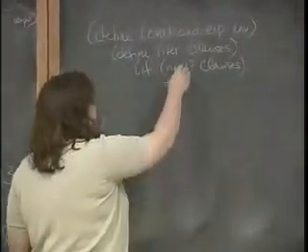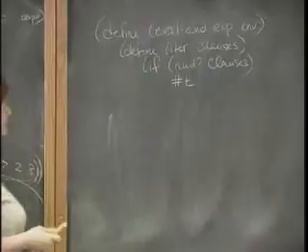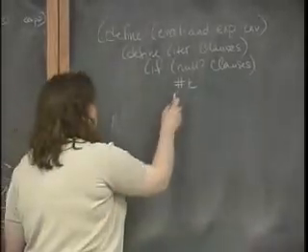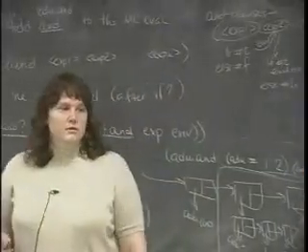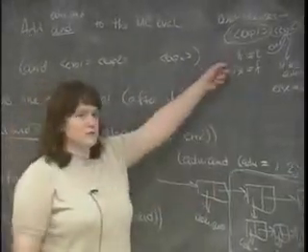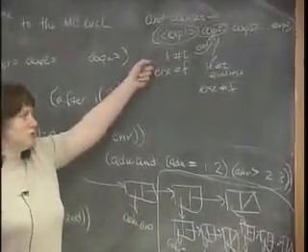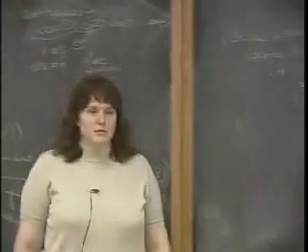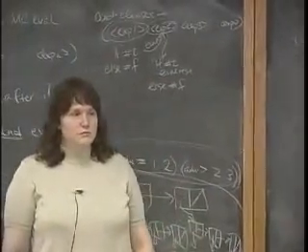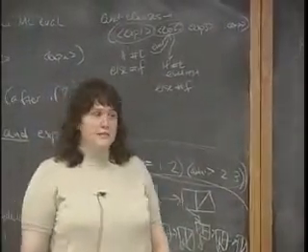Okay, so if we don't have any clauses, we got through the list. Otherwise, what should I do if I've got some sort of clause list? Well, what do we say we're going to do over here? Check to see if the first expression is true. Check the first one. Okay, so how do I evaluate the first clause? Pass it to the evaluator.